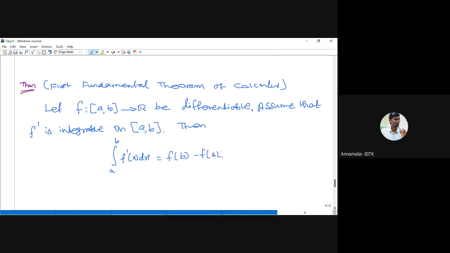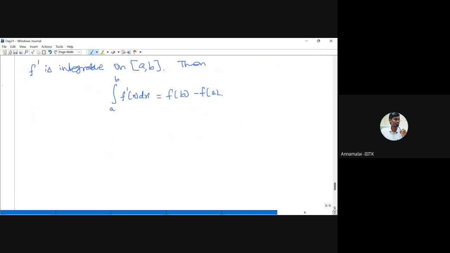That is the first fundamental theorem. Now the second fundamental theorem is nothing but the capital F. This theorem is called the second fundamental theorem of calculus.